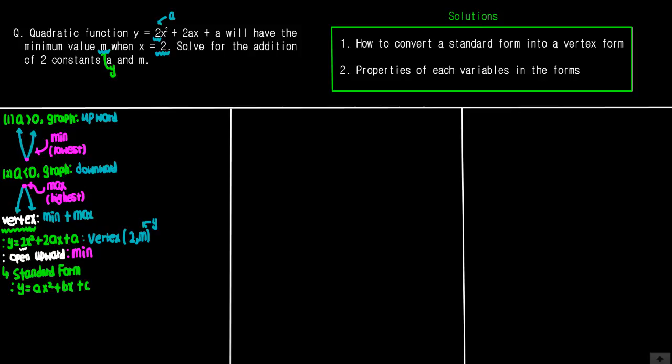And then let's think about the other values. We know that y is obviously the output of our function. And the a is the leading coefficient, which defines the type of our function as we did above. For our x, the x is the input of our function, which is the variable.